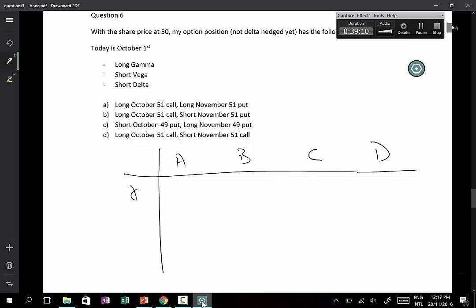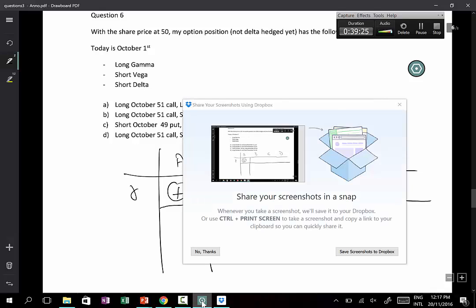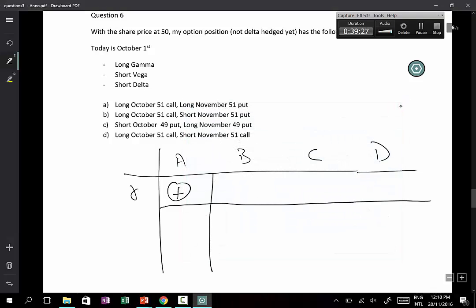Okay. For choice A, I'm long option. I don't even care what kind of option, so I must be long gamma. Okay. Now for B, I'm long a 51 call, so that is out of the money, and I'm short a 51 put, which is in the money.